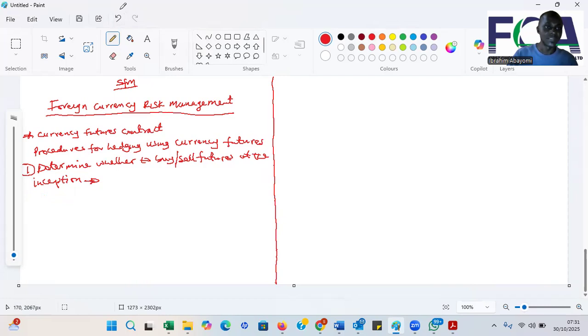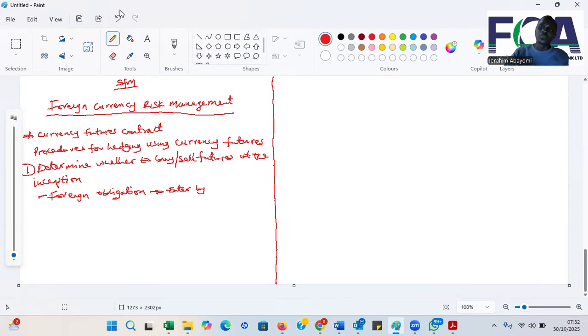We said the rule is that for someone who has a foreign obligation, that is, you have a payment in that foreign country, there is an inverse relationship between the futures price and the spot exchange rate.